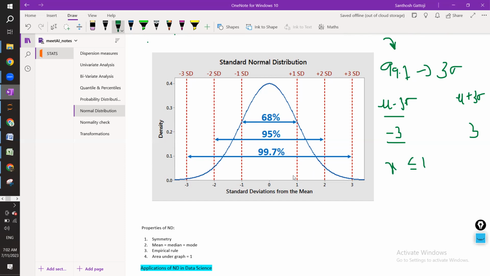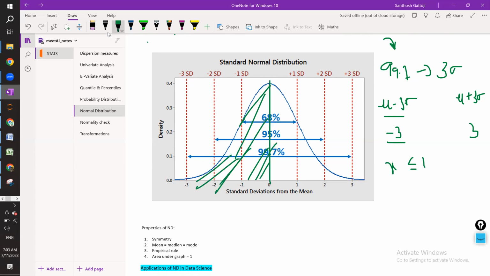What is the area? X less than or equal to 1 means this area, do you agree? Everything less than 1. And if x is less than 0, that means this area.